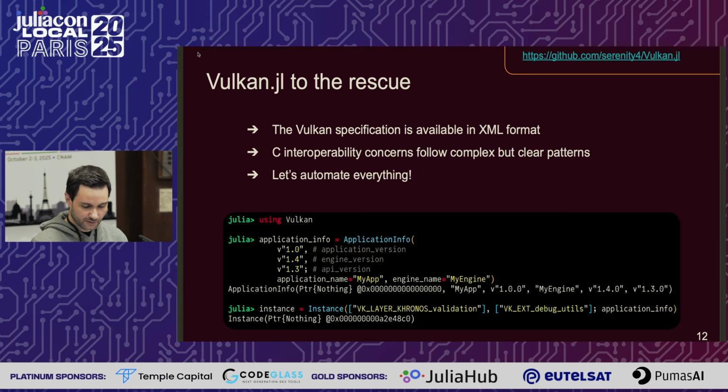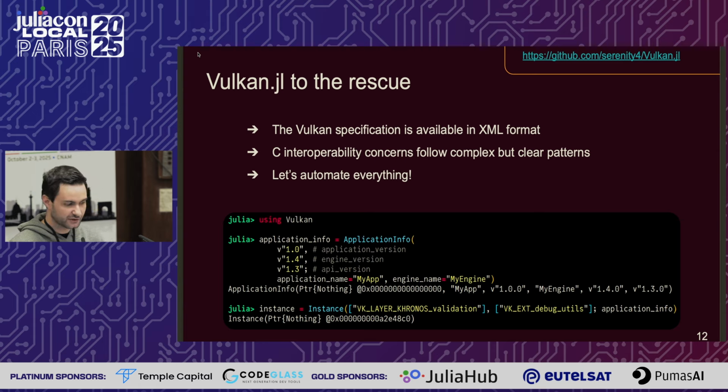And for this, I made a package called Vulkan.jl, which I really found to be very helpful for my own use, which relies on the fact that the Vulkan specification is available in an XML format that I can parse, then make sense of the C interoperability interop patterns, and then essentially emit a lot of generated code that will wrap all of my functions and structures in Vulkan with everything that I would have done if I had written that by hand.